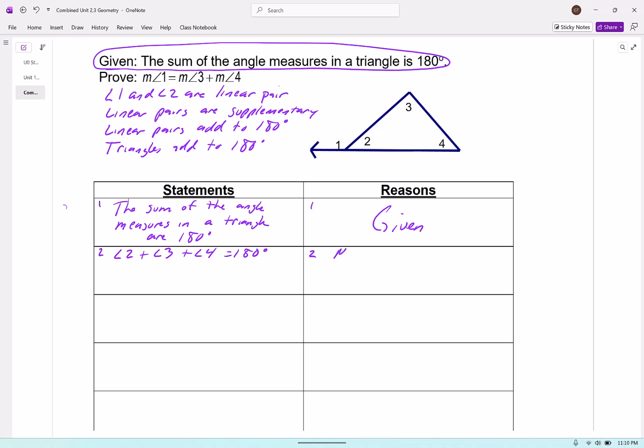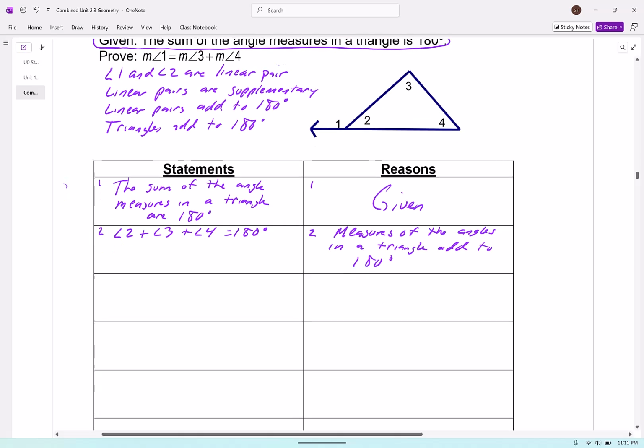Because the measures of the angles in a triangle add to 180 degrees. It's what we understand about angles and triangles, and I could just simply put that in there. So I'm really listing things out that might be helpful in building a case.